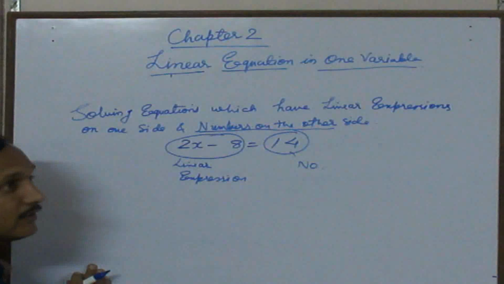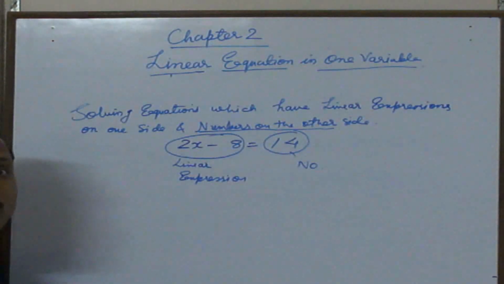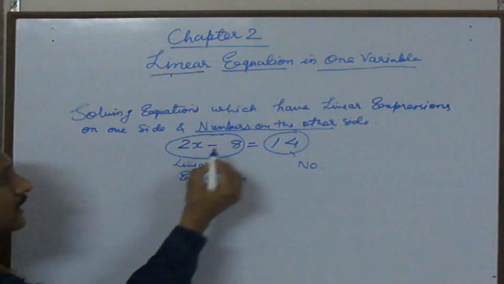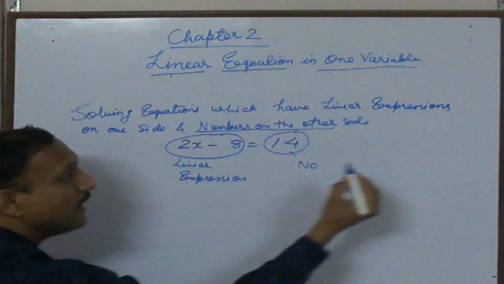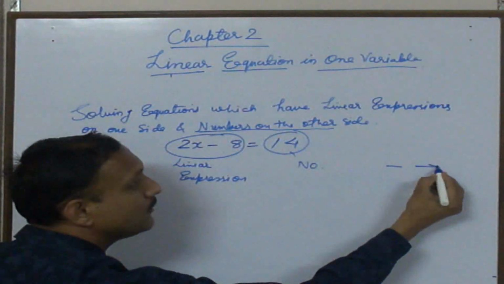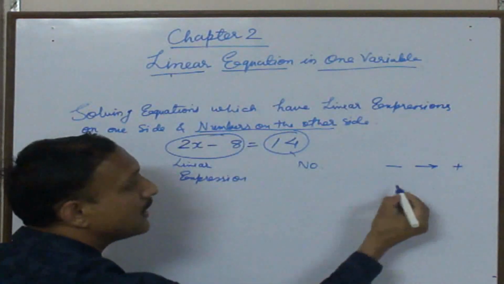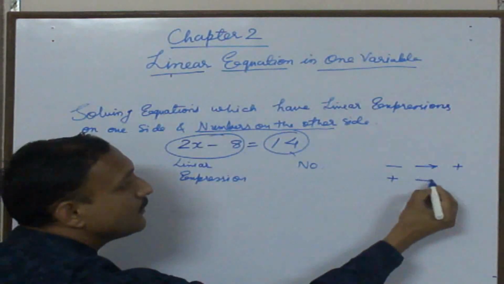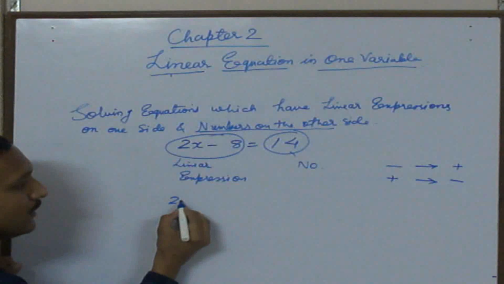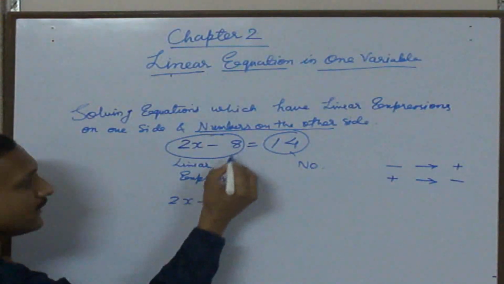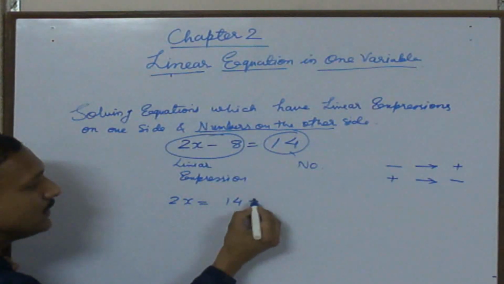So how to solve the equation? As you studied in class 7th also, how to solve a simple equation. We have to transpose first of all the numbers to the other side of the equation. So here also what we do, we transpose minus 8 to the other side. As we know, when minus goes to the other side, it becomes plus, and plus, if it goes to the other side, becomes minus. So here also 2x equals 14 plus 8.